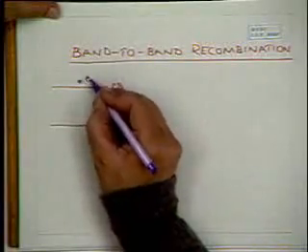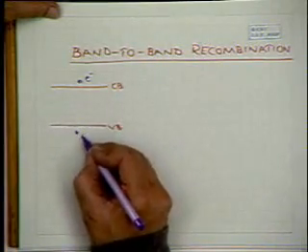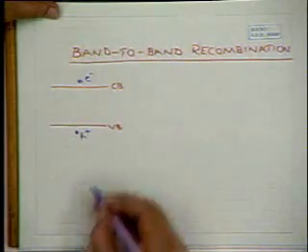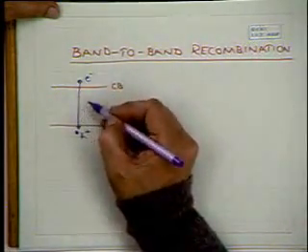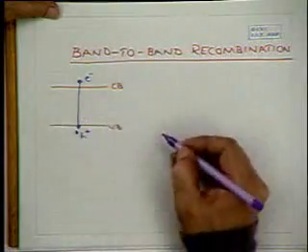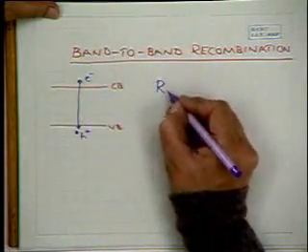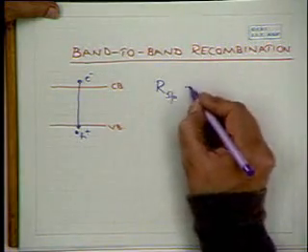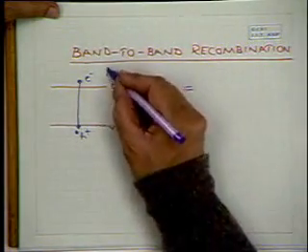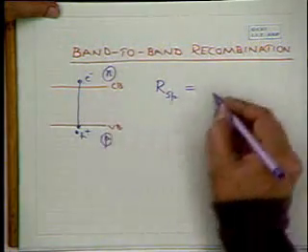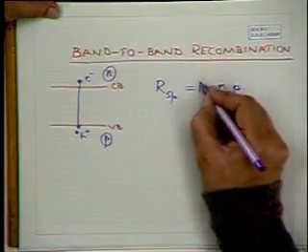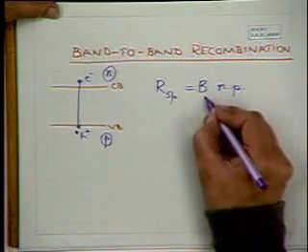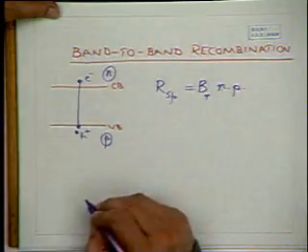So if we have electrons and holes created due to some excitation process, the probability of their recombination obviously depends upon the number of electrons in the conduction band, the number of holes in the valence band, and there is a coefficient of radiative recombination, which I'll call Br.